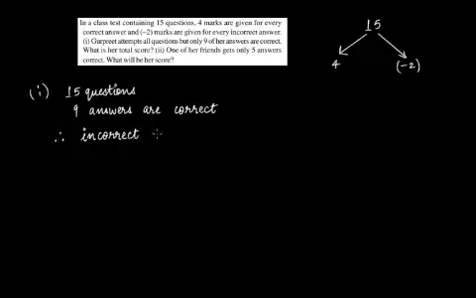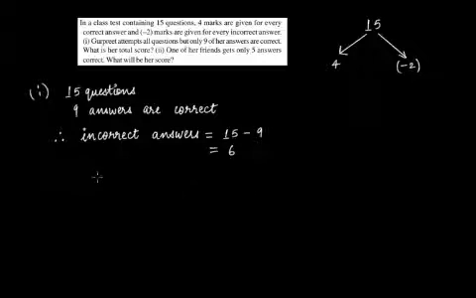So 15 is the total number of questions and 9 answers are correct. Therefore the incorrect ones will be 15 minus 9, that is 6 answers were incorrect.